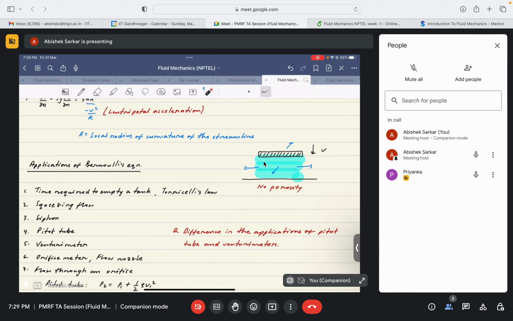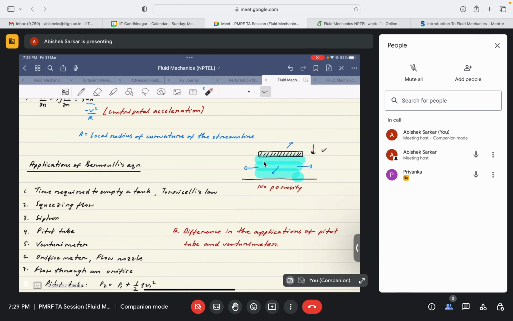Okay, there can be various flow parameters, so what is the amount of flow basically? Do you mean flow rate? Flow rate, sir. Yes, you are correct. So the venturi meter we use to measure the flow rate.